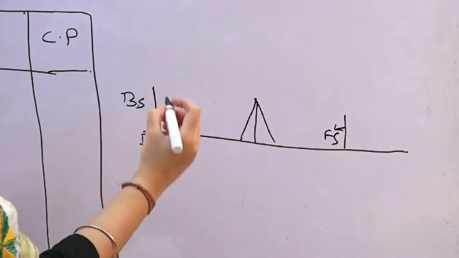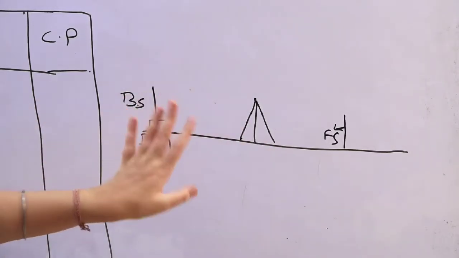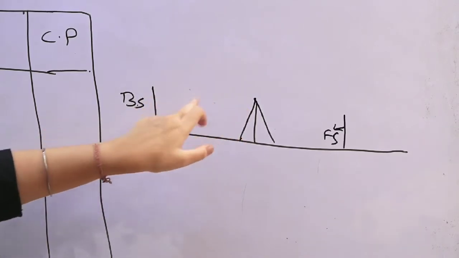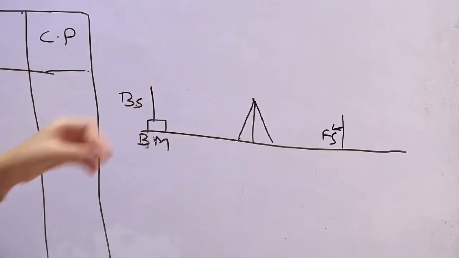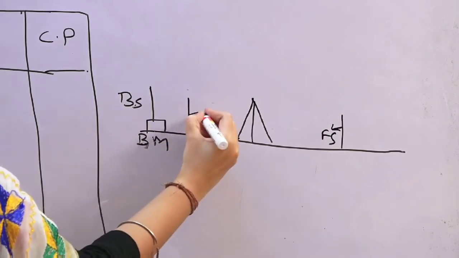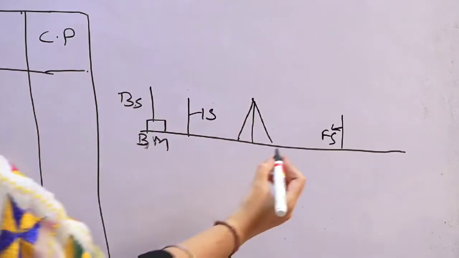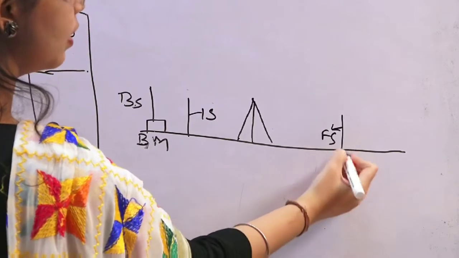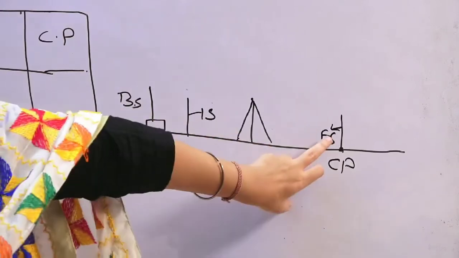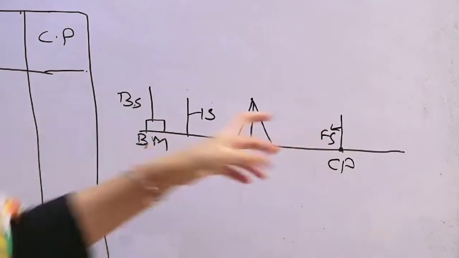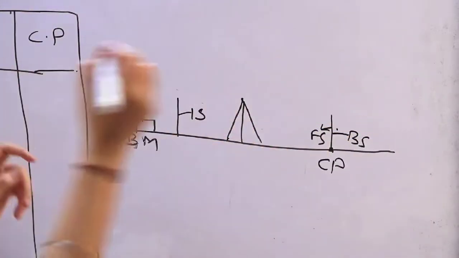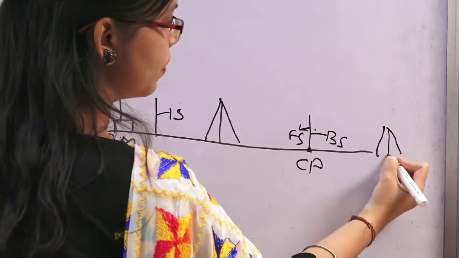Any staff reading in between the backside reading and foresight reading is called an intermediate sight reading. And this is the change point, where the last staff reading is taken on one side and the first staff reading is taken on another side, and again we shift the instrument here.